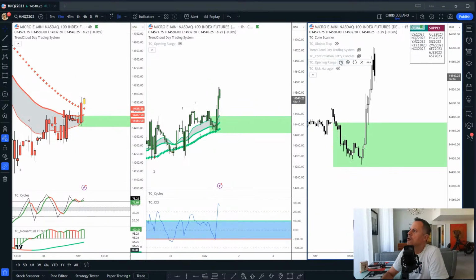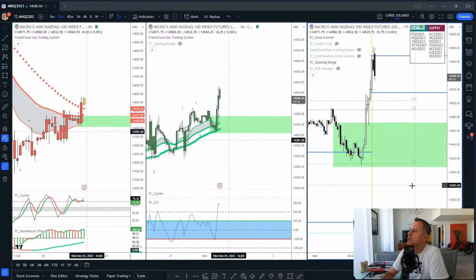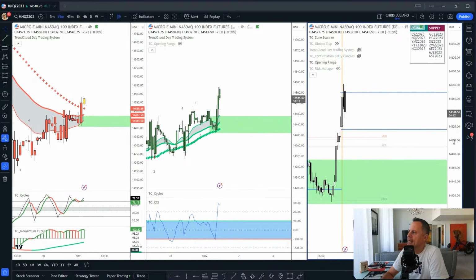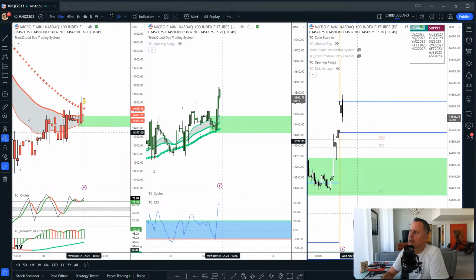Put the opening range on now. Okay, so NASDAQ, look at this, guys. On the NASDAQ, what we've got here is a bear trap setting up.